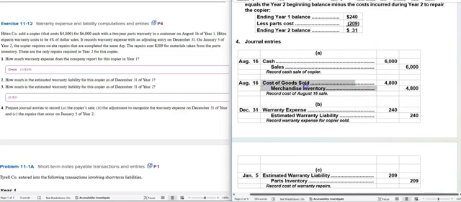Right? The two expenses to earn that sale were cost of goods sold and warranty expense. And then we recorded a liability at the end of year 1 to essentially pay off that expense in the future. Okay, and it was just a very short time into the future when we actually paid off the liability by making the repairs.